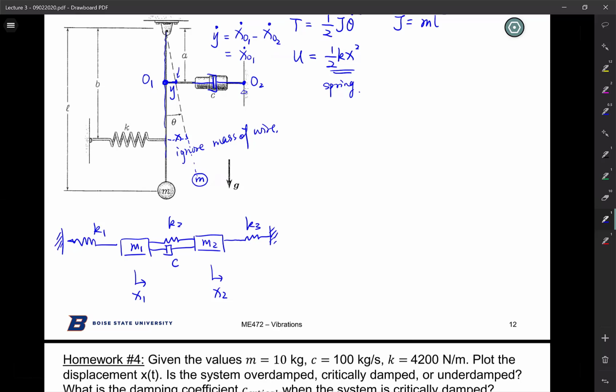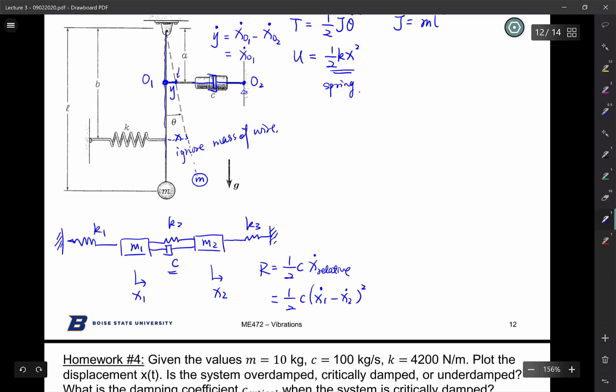That means the degree of freedom is 2. Looking at this damper C, to find the R, it's half C times x dot relative. So in this case, it's half C times (x1 dot minus x2 dot) squared.